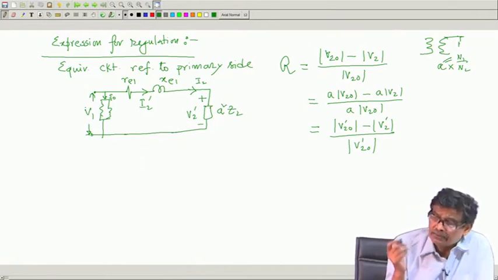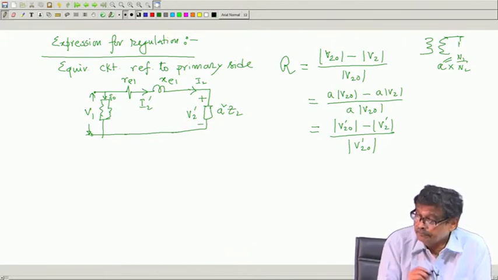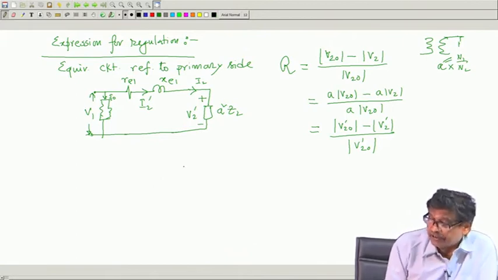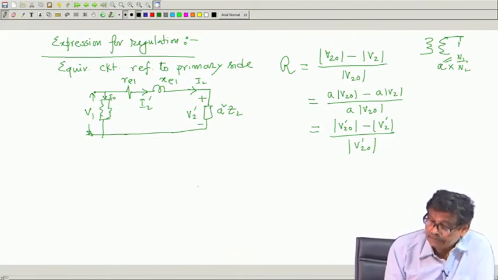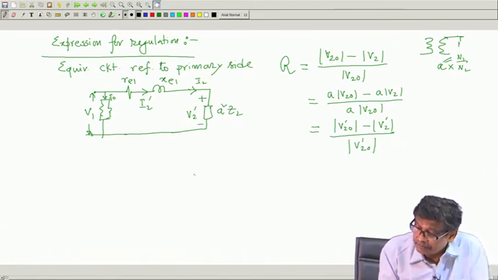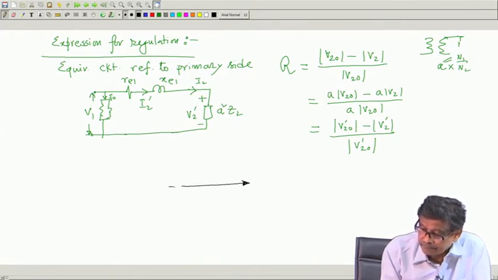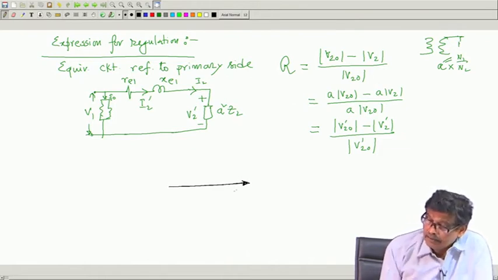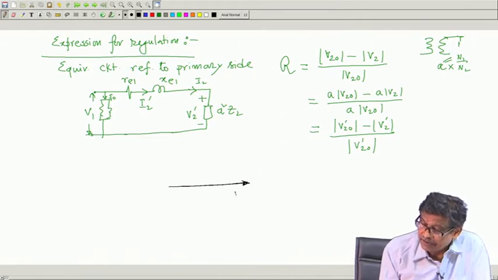Now, how can I calculate? I will first draw the phasor diagram of this circuit. So, the phasor diagram is very simple. I will start from here. The terminal voltage across the load is V 2 dashed.